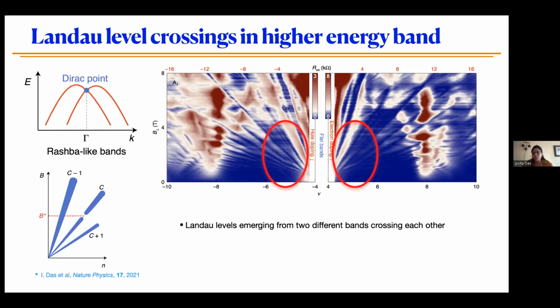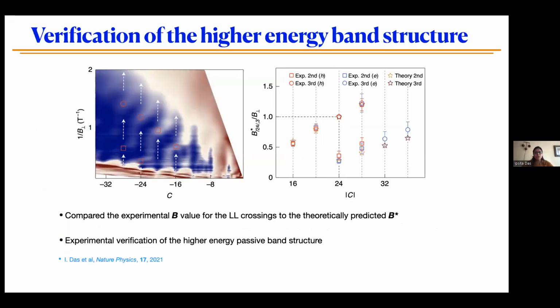And at the crossing point, you have an interruption, you have a break in the Landau level, and then again it goes on as you keep on changing the field or the Fermi level, okay? So we try to understand, from this experimental data, if we can somehow understand the exact band structure for the higher energy dispersive band.